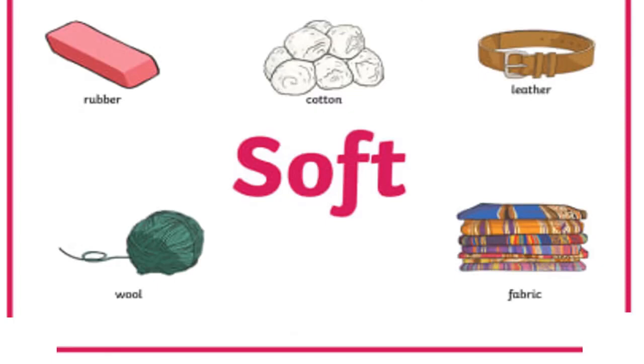Once again, we have a few pictures of objects. If you try to apply pressure on any of these, you will find you are successful in changing their shape and size because they are soft and they can be compressed easily.